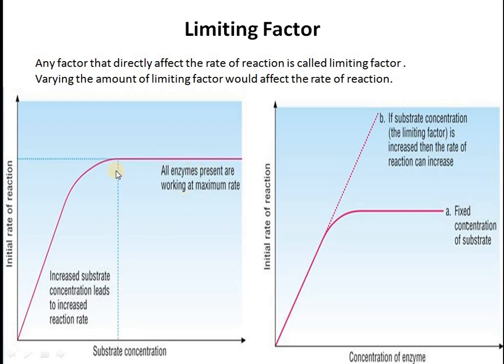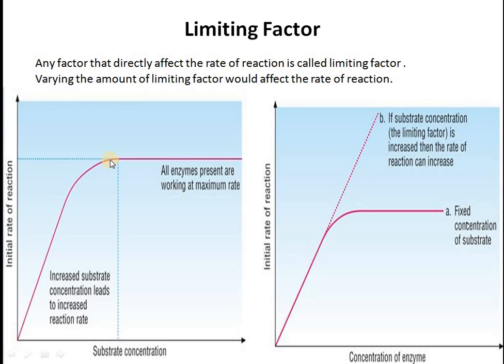Since the enzyme is limited in amount, the active sites were limited in amount, and all the active sites of the enzyme are now occupied with the substrate, or we can say all the enzymes are now saturated. They all are occupied, so the rate of reaction is not increasing. In fact, it has gone constant.